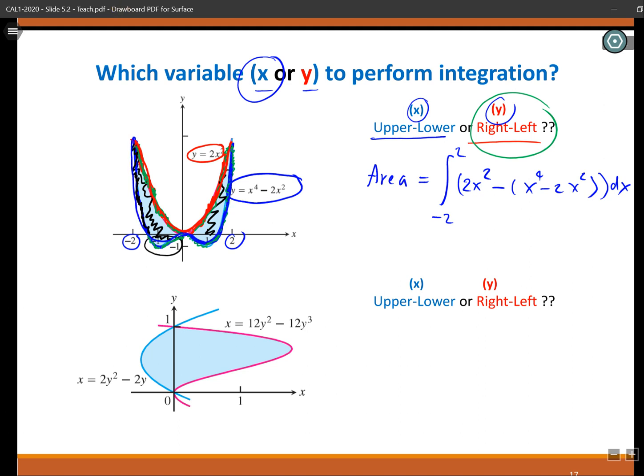All right. Now let's continue with one more. All right. We have this region. We want to determine whether we should use the x variable or y variable.